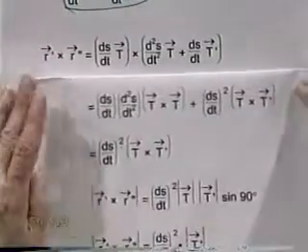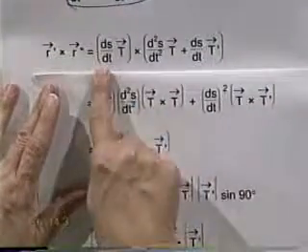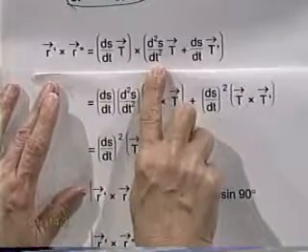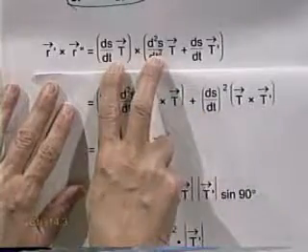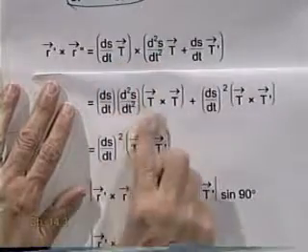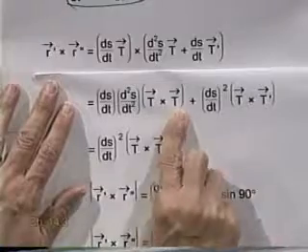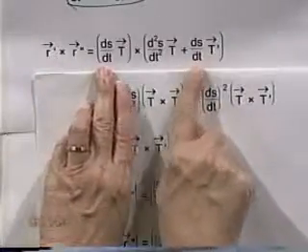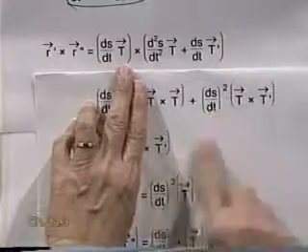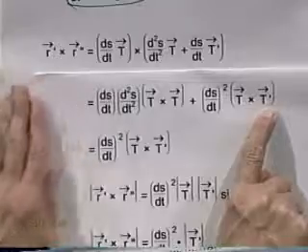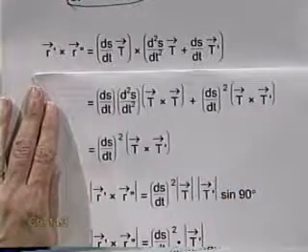I'm going to go this crossed with that. Now, your ds/dt and your second derivative of s with respect to time, these are scalars. They're just plain old everyday numbers. So we can factor those numbers out, and we have T cross T. Plus, when I go this times this, the ds/dt times the ds/dt is (ds/dt) squared, times T cross T prime.